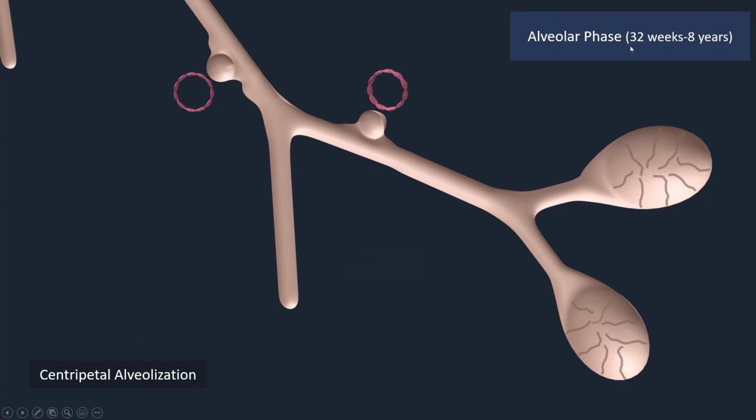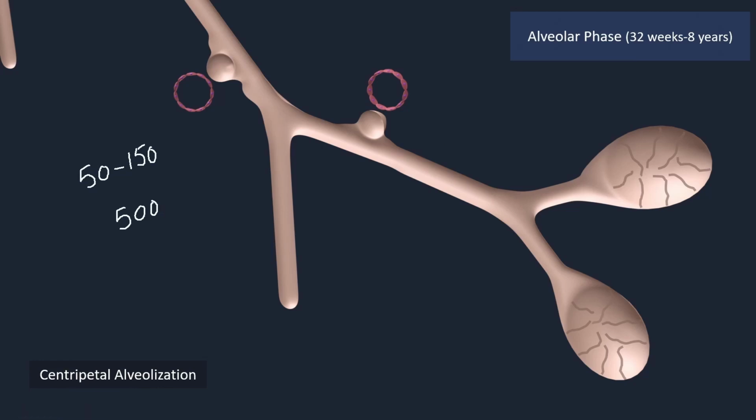This alveolar phase starts during the 32nd week of development, and it continues postnatally till about 8 years of development. The interesting thing is that neonate lungs contain only 50 to 150 million alveoli at birth, but adult lungs contain 500 million alveoli.